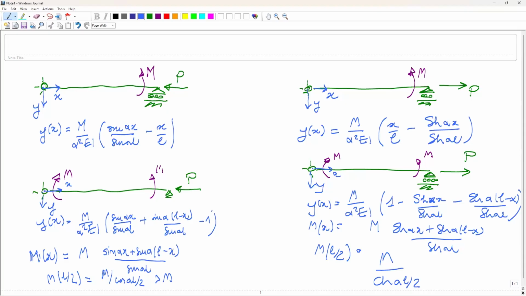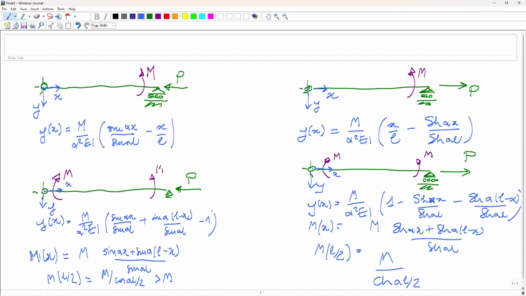On the opposite, what is the effect of a tensile axial force? Well, you see, we have ended up calculating the maximum moment, which results equal to M divided by the hyperbolic cosinus of alpha L. But the hyperbolic cosinus is always higher than 1. So that means that moment is always lower than M.